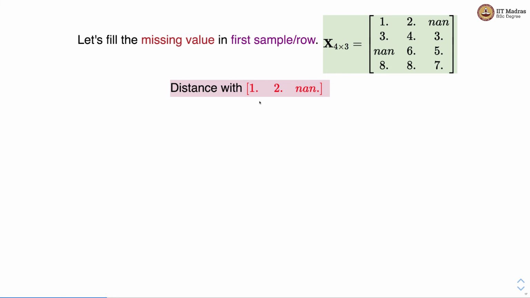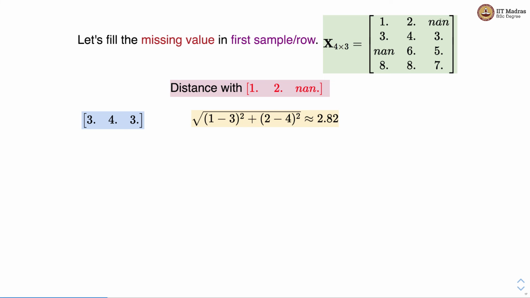What we'll do is calculate the distance of this first sample with the other samples, because the key step here is to find the nearest neighbors of the sample containing the missing value. Let's look at the nearest neighbor computation. First we calculate the distance between this sample and, let's say, the second sample, using the Euclidean distance formula.